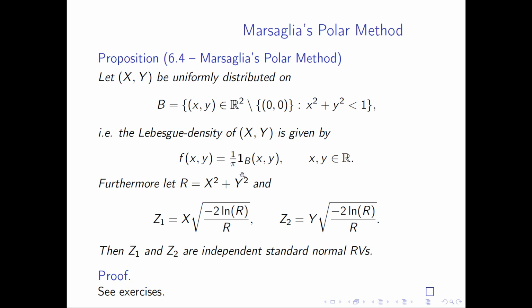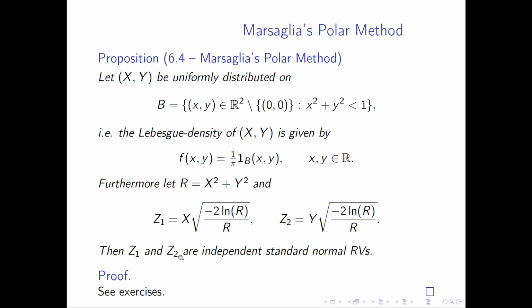And what's the next step? We square the coordinates and sum them up. So we are computing the squared distance to the origin, and then we are building this expression: the square root of minus 2 ln r divided by r, and for z1 we multiply it with x, for z2 with y. So first component, second component. And then z1 and z2 are independent standard normal random variables.